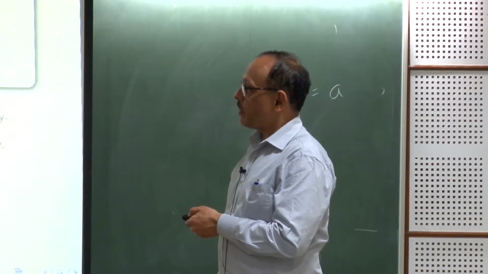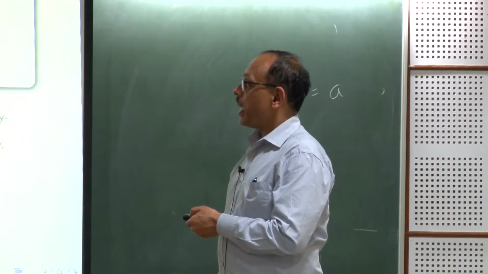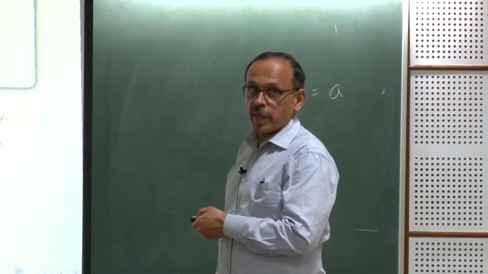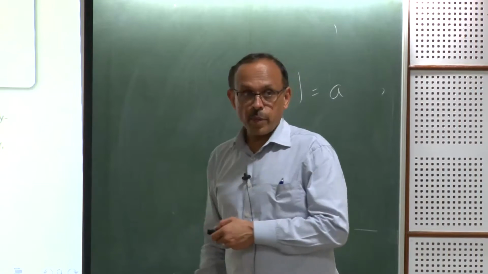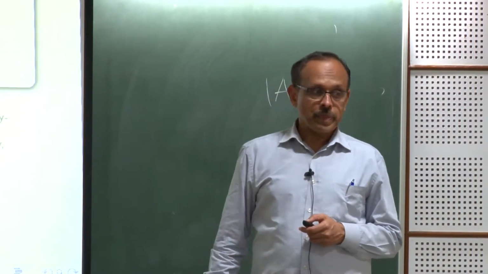Hence H of W_L given W_A, all the variables in the set A, is always less than or equal to min of alpha, (d minus a) times beta. This is the statement of the theorem.